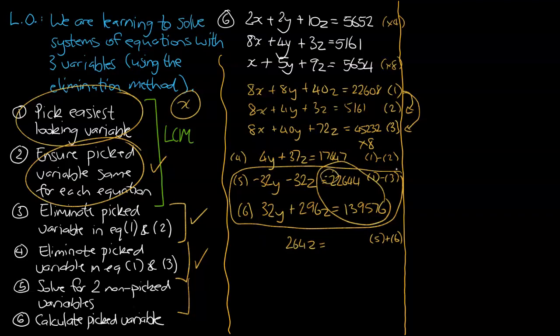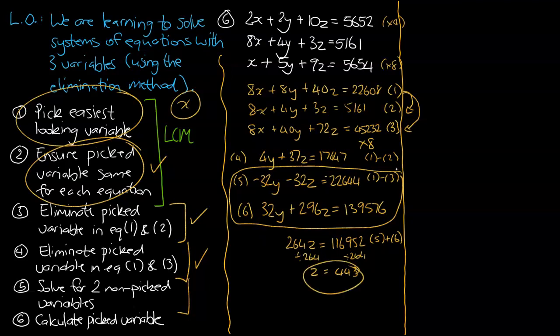Remember, we had the small minus sign there as well, and that came to 116,952. And z's by itself, so I'm going to divide both sides by 264. So z is equal to 443. So again, that's a weird number. I'll probably double check I didn't make any math errors, but I know we're all good at this stage.